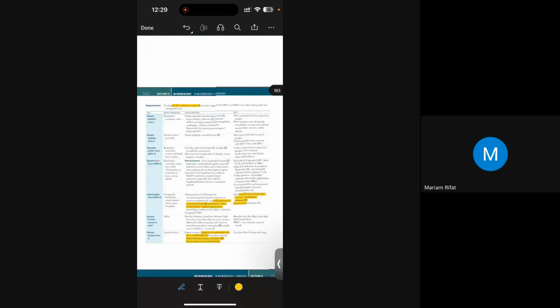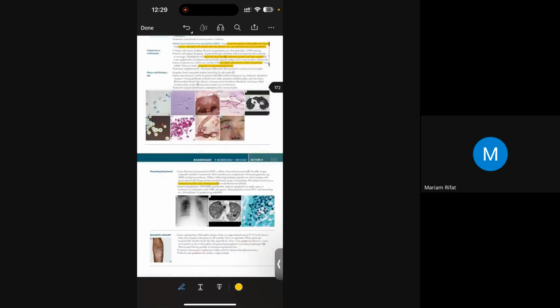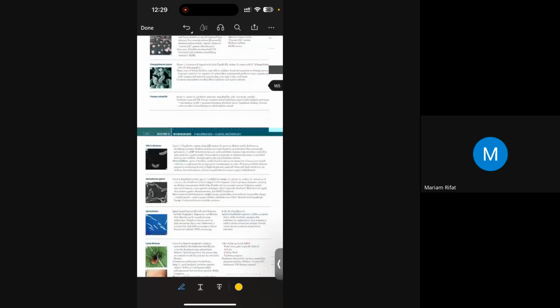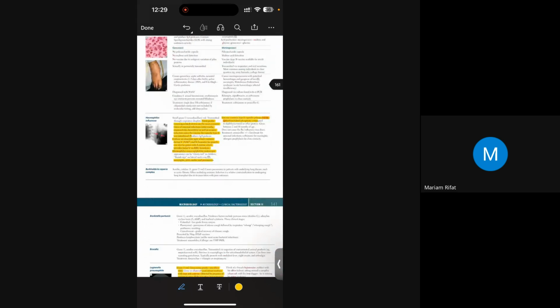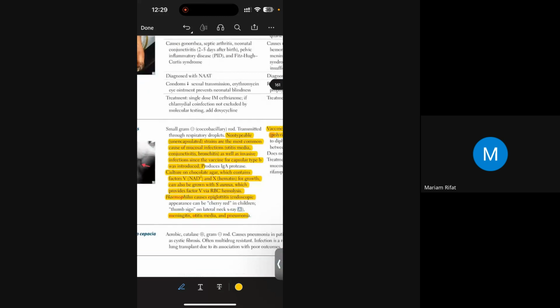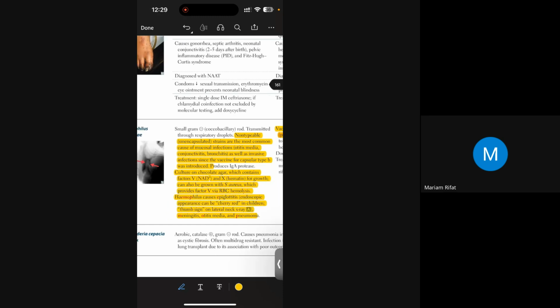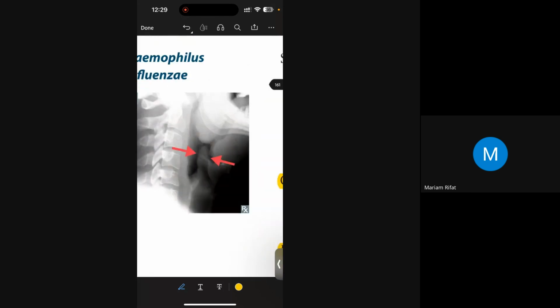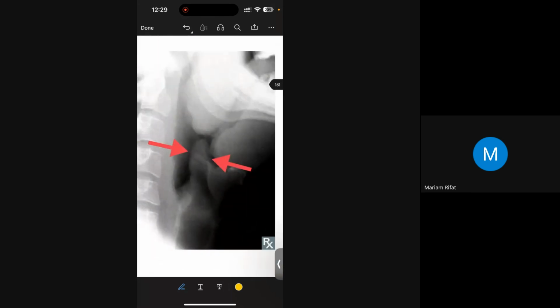Haemophilus influenzae causes epiglottitis. Appearance can be a cherry red epiglottis with the thumb sign. Okay, see, this is the thumb sign. The epiglottis becomes thickened due to edema.